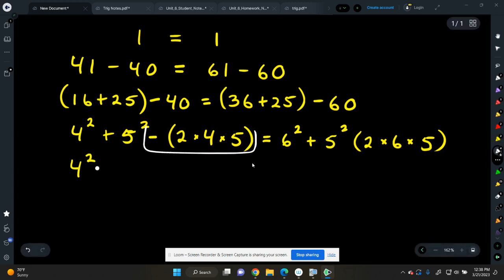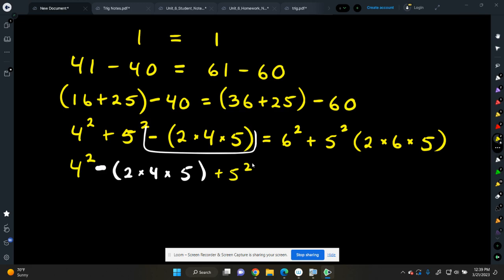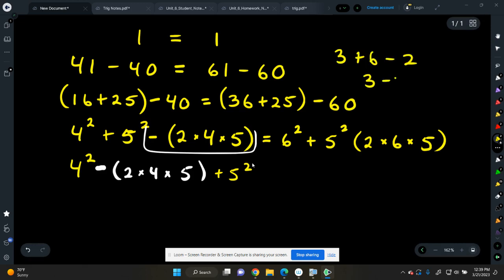So I'm going to do minus 2 times 4 times 5, plus 5 squared. Are we allowed to do that? Can we move that over like that? If I had 3 plus 6 minus 2, could I rewrite that as 3 minus 2 plus 6? Sure you can. Same thing. So that's all I did.